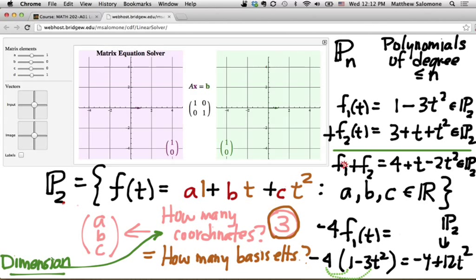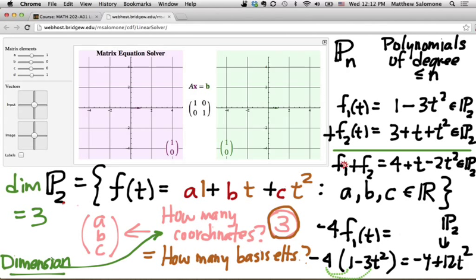So the dimension of a vector space is the number of coordinates that it takes, or equivalently, the number of basis elements that it takes, to describe each element in this vector space in a unique way, in one and only one way.